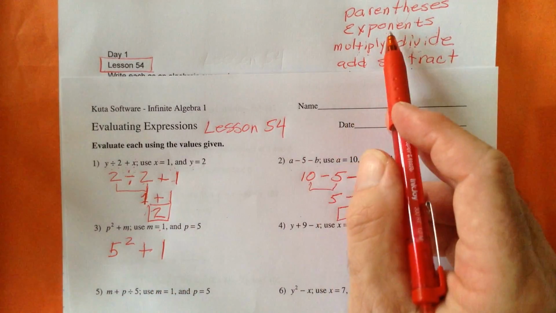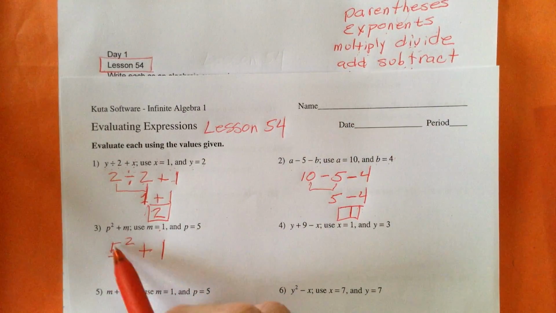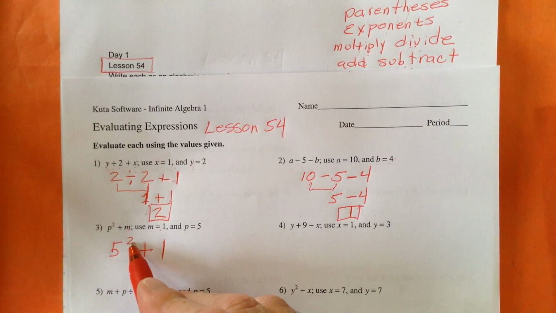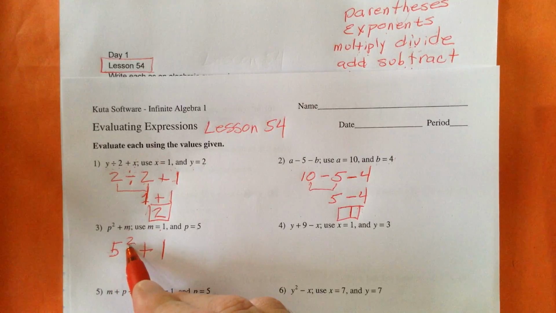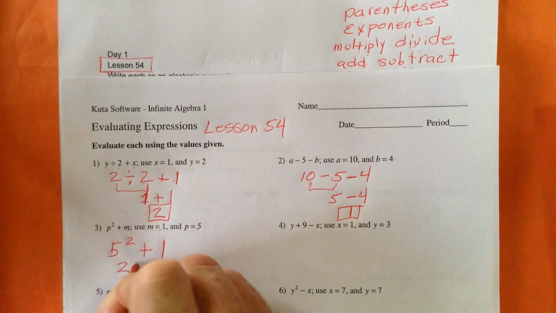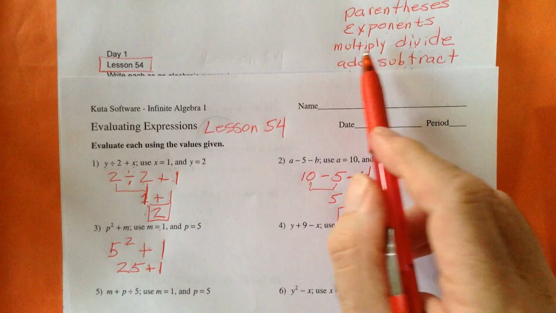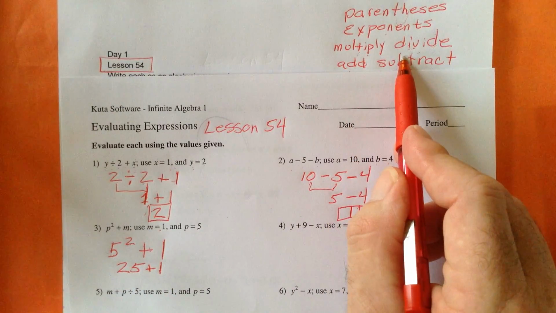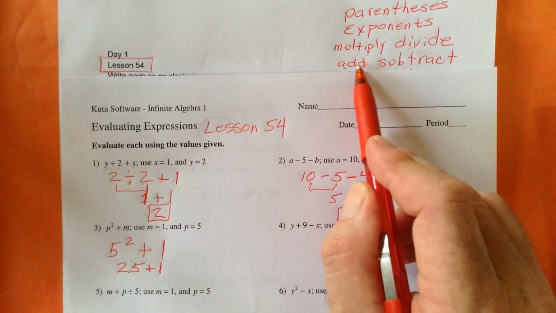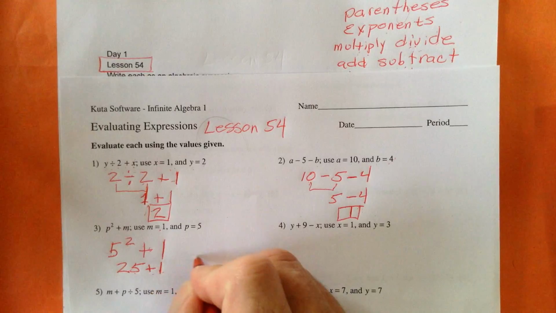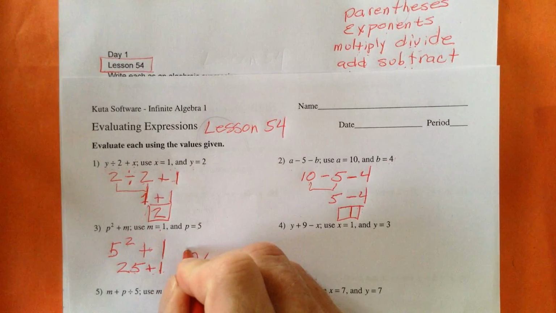No. Are there exponents? Yes. We have 5 right here, 5 to the second power. So 5 times 5 is 25, then plus the 1. After the exponent, there's no multiplying or dividing, but I do have the adding here, so 25 plus 1, the answer would be 26.